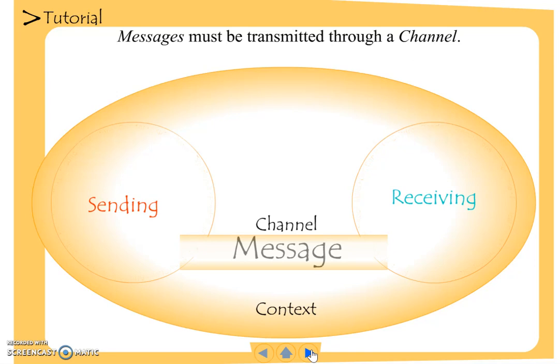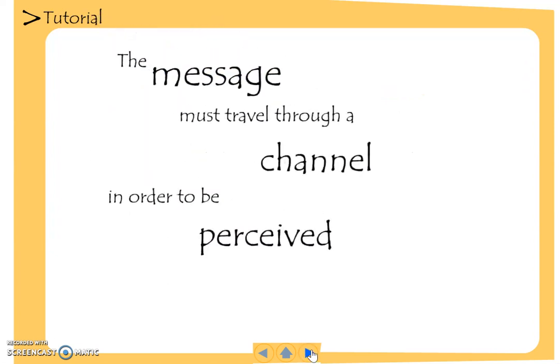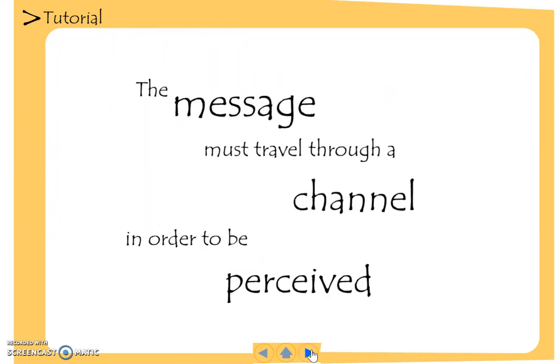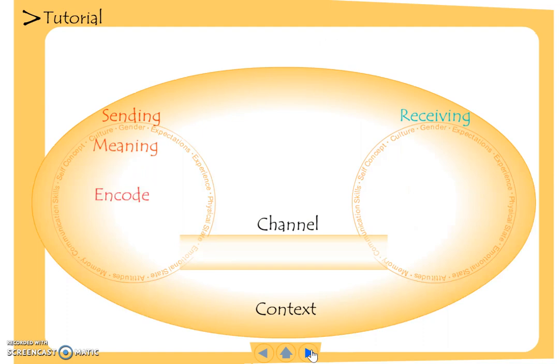The messages themselves are transmitted through a channel, and the channel is any type of thing that allows for the message to be delivered. Now, a message must go through a channel, and the channel can be considered really your 5 senses, your sight, sound, touch, smell, and taste. So that's how we receive our messages in the various ways.